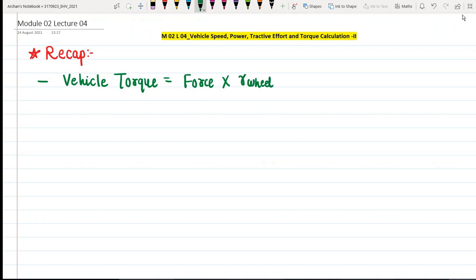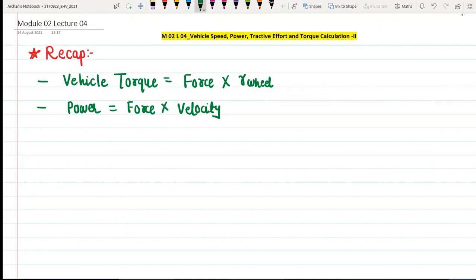Similarly, if you wish to calculate the power required, then it is nothing but the force multiplied with the velocity of the vehicle. So we know this particular thing.